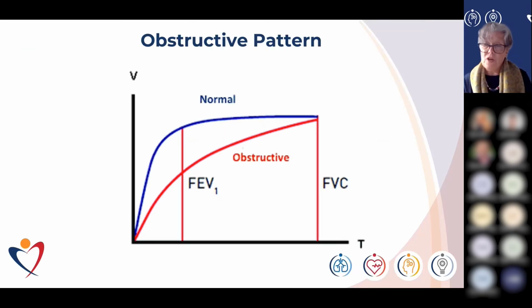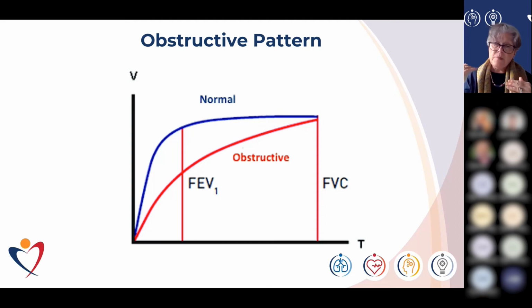So this is the obstructive pattern then. Something is obstructing the air coming out of the airways. If we have a look at the FVC, there are no numbers attached to this graph because I just want to illustrate a point here. The FVC has achieved what we would expect it to achieve.